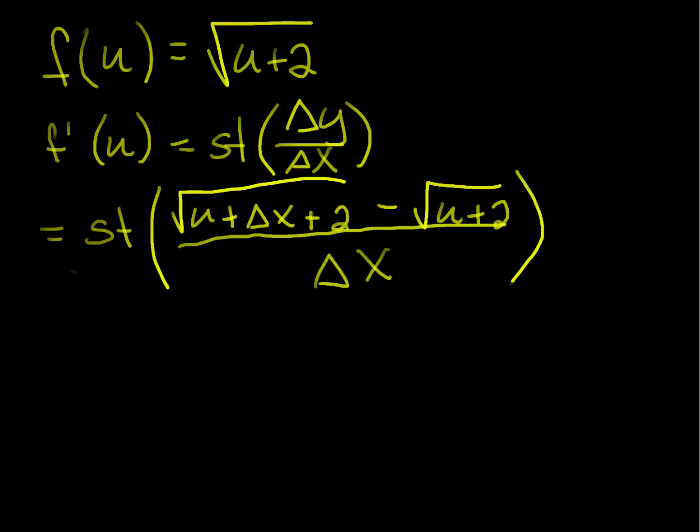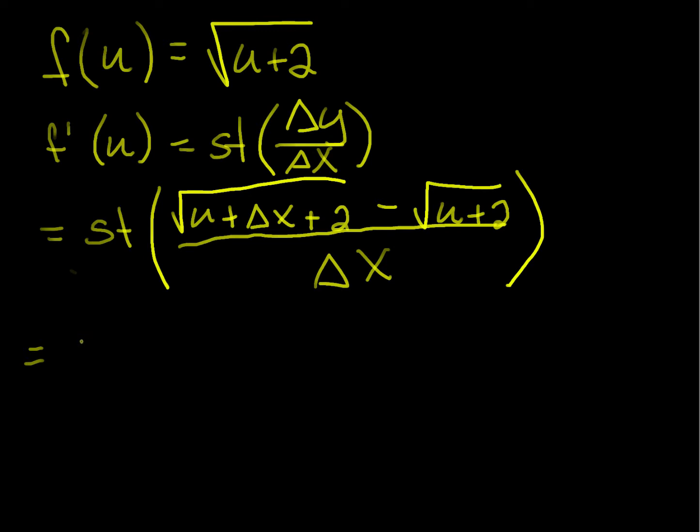Now note that we can't go straight through and compute the standard part. We can't use the division rule because the denominator would be 0. The standard part of delta x is 0. And so we've got the difference of radicals, and we've seen this before in computing standard parts. To do this, we multiply by the conjugate.